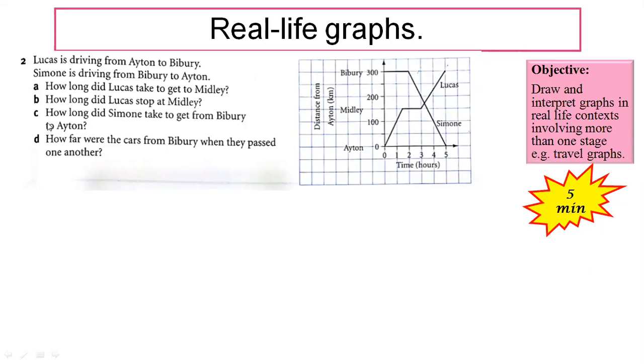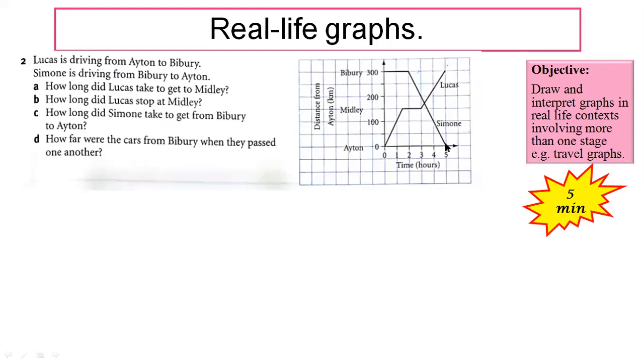Part C. How long did Simon take to get from Bibury to Aiton? It took him 2 hours. No, 3 hours. Here at Bibury, you count from 0 up to 5.